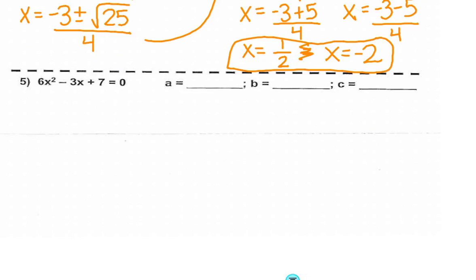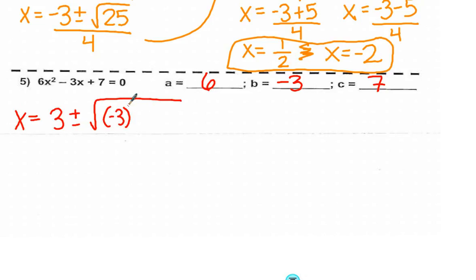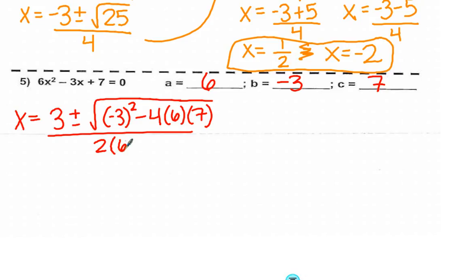In this last example, looking at number 5, we have a is equal to 6, b is equal to negative 3, and c is 7. So here we go. x equals opposite b plus or minus the square root of b squared minus 4ac all over 2a.